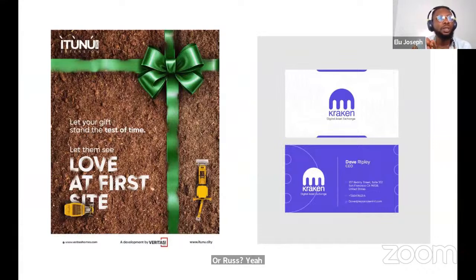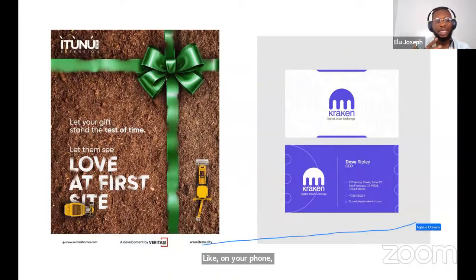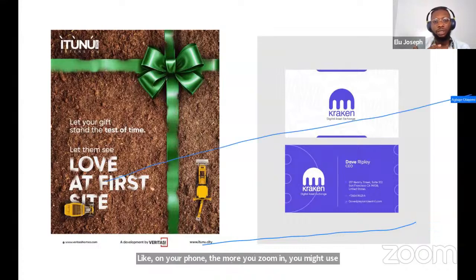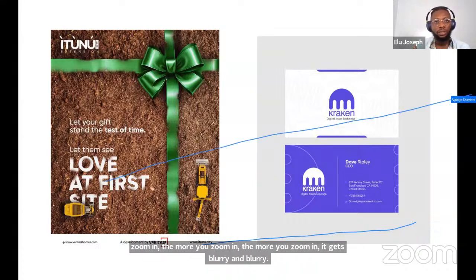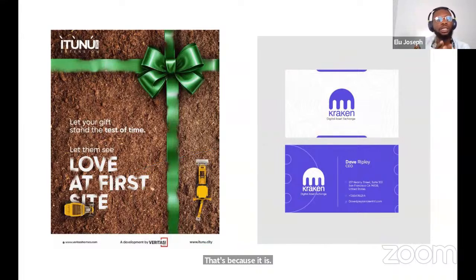There's a reason smaller images lose quality when you enlarge them. It's because they are made up of thousands or sometimes even millions of pixels. Like a picture on your phone, the more you zoom in, it gets blurry and blurry. That's because it is a raster image.